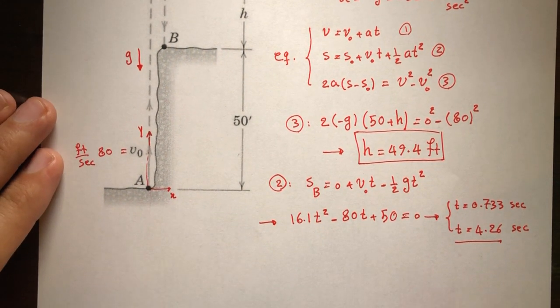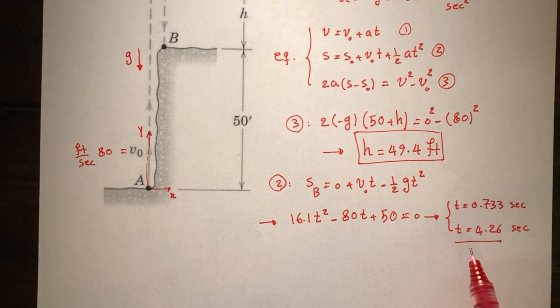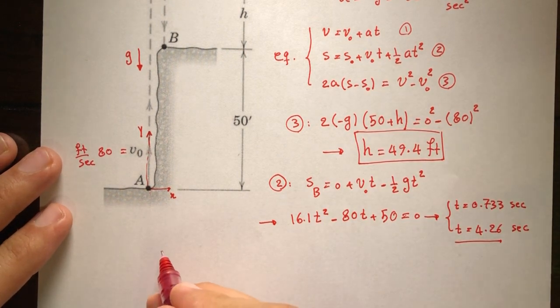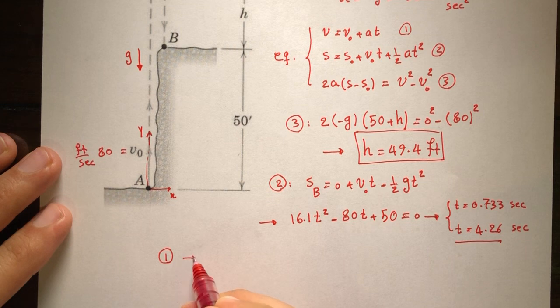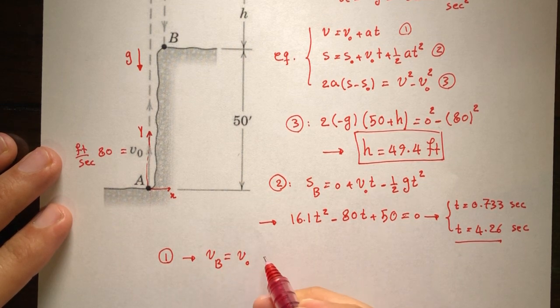Okay. So after finding the time, I can put it in the first equation to find the velocity. So if I use the first equation, velocity at B is equal to initial velocity plus acceleration times t.